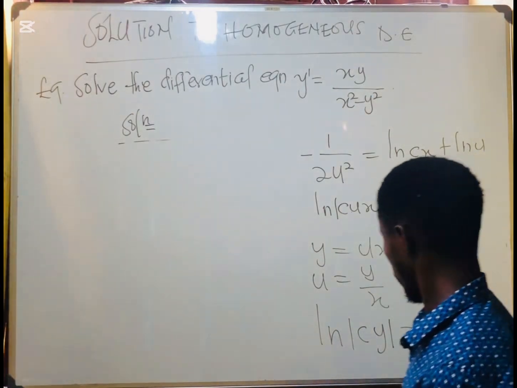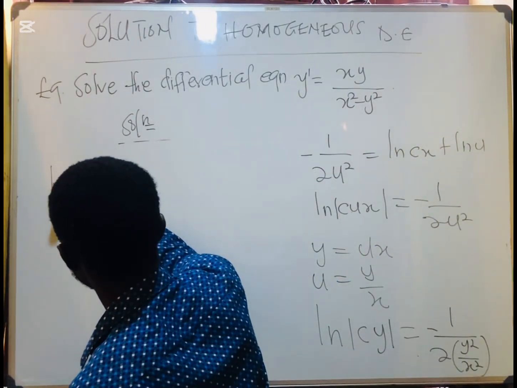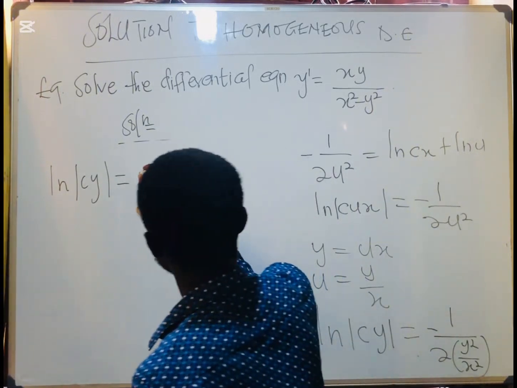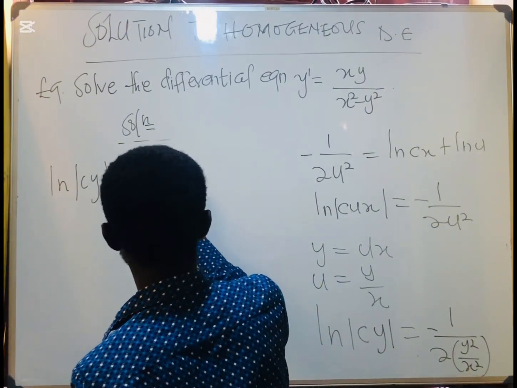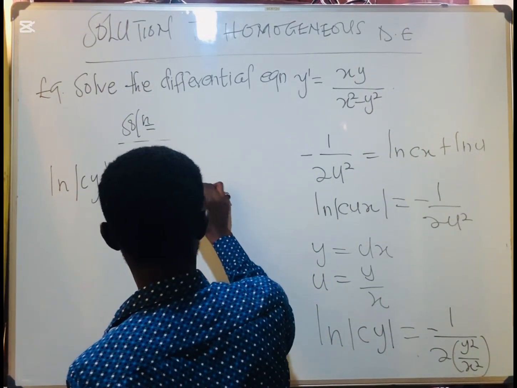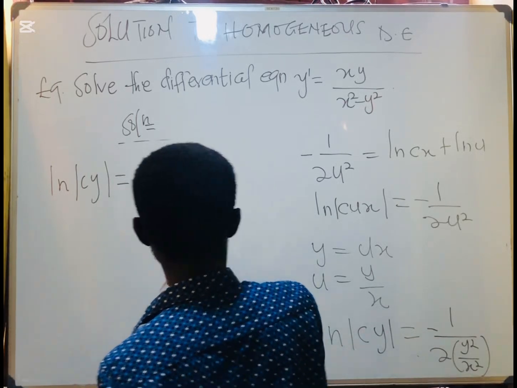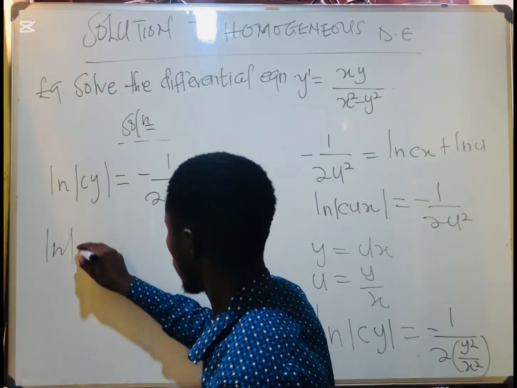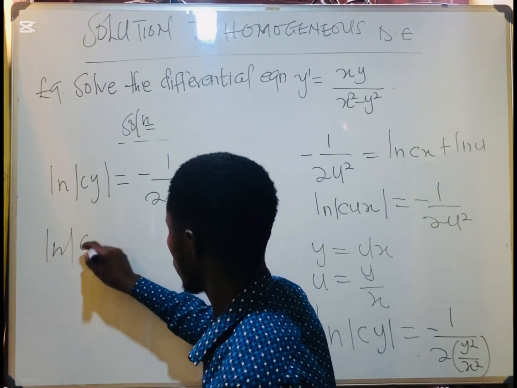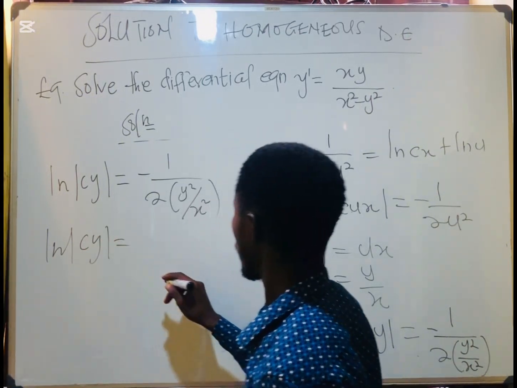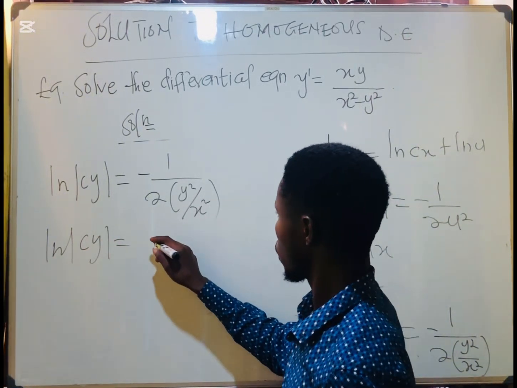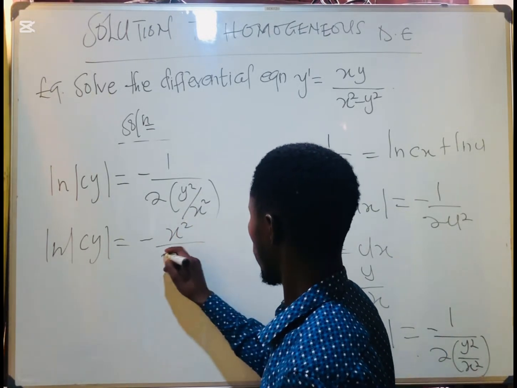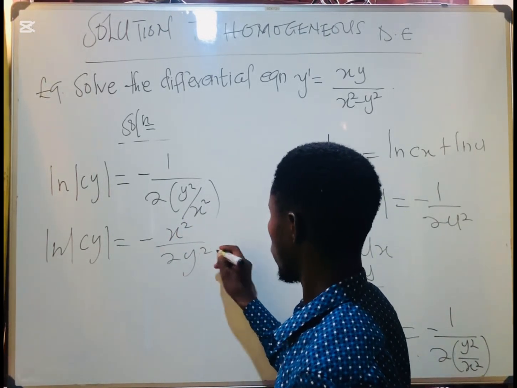Now, this is what I have here. So I can write this as cy equals negative x squared over 2y squared.